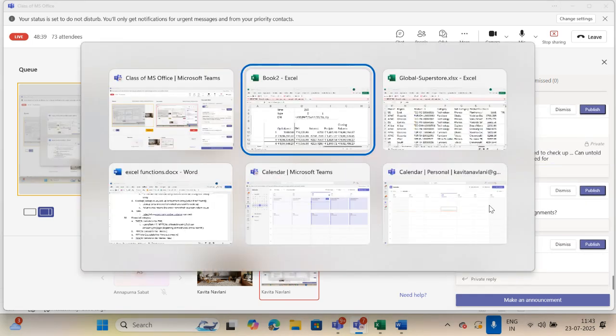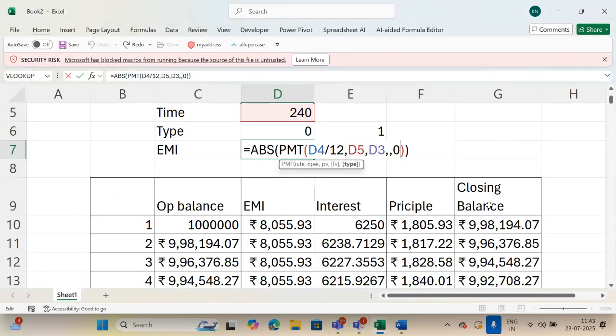Who completed this statement? Please answer me. Just raise your hand, please.